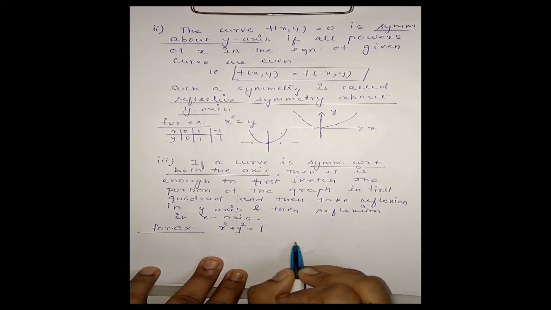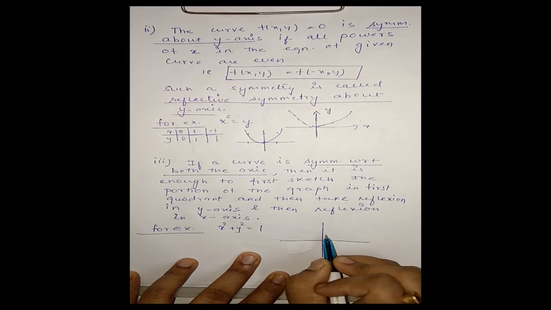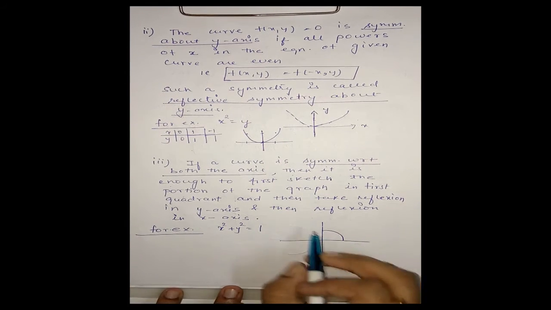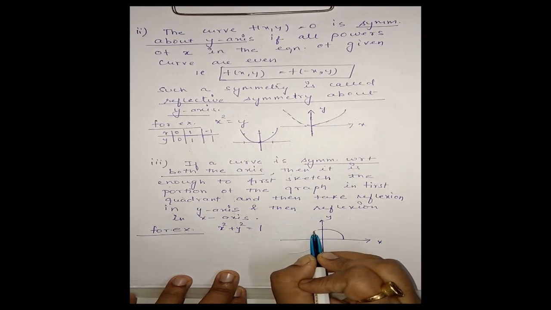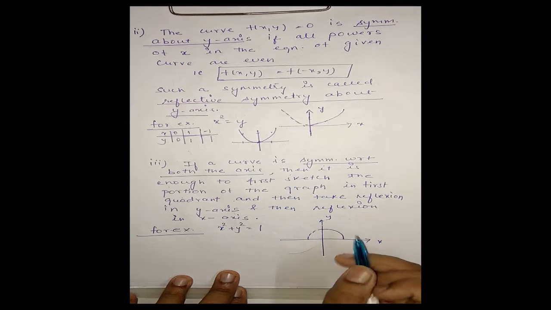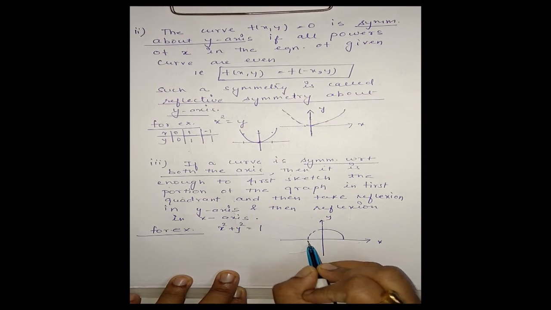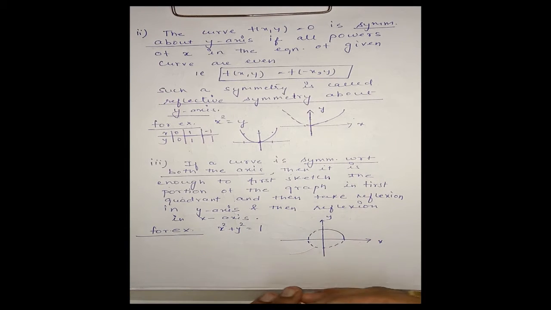Now, in order to trace a curve having symmetry with respect to both the axes, it is enough to first sketch the curve in the first quadrant. This is the first quadrant. This is the y-axis. This is the x-axis. Then take its reflection in the y-axis, the left hand side of y, and then taking its reflection with respect to the x-axis, that is below the x-axis.